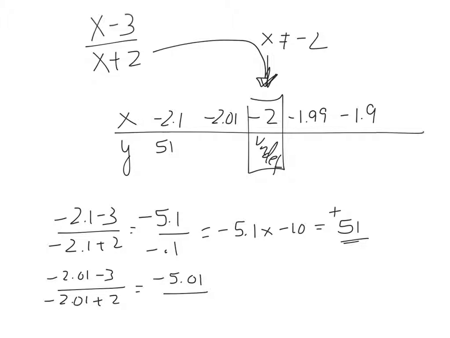Negative 2.01 plus 2 is minus 0.01. That's the same as negative 5.01 times what? Negative 100. So that becomes 501. And so as you get closer to the negative 2 line from the left, your graph is going up. It has to be going up.